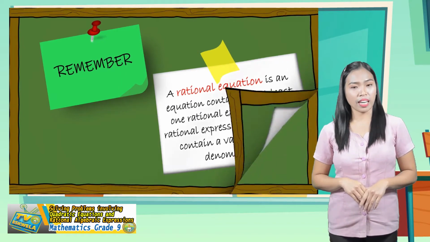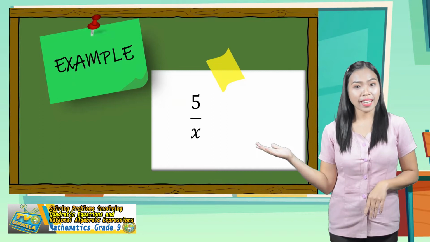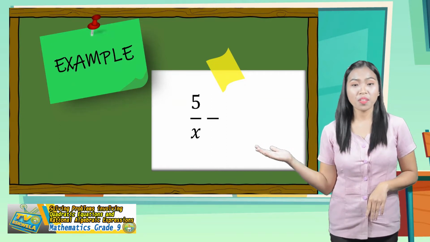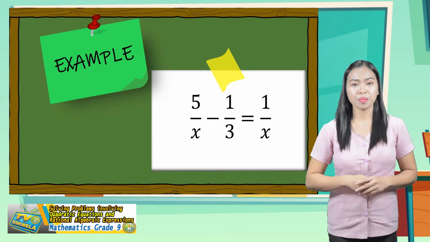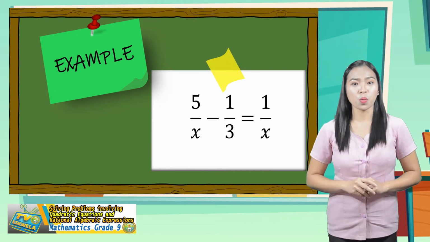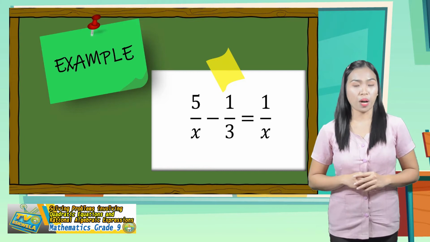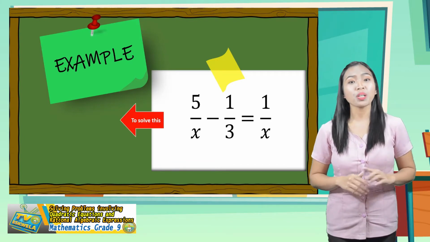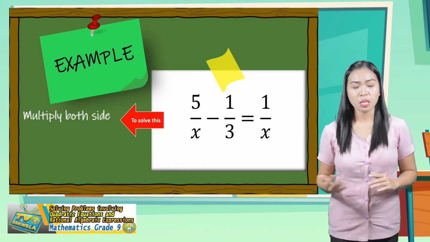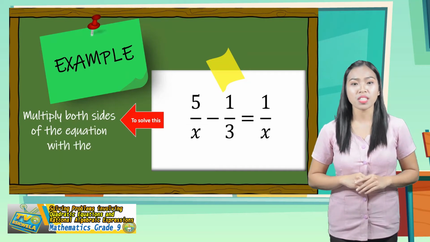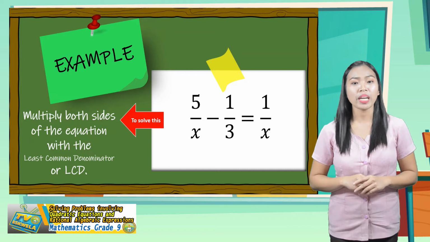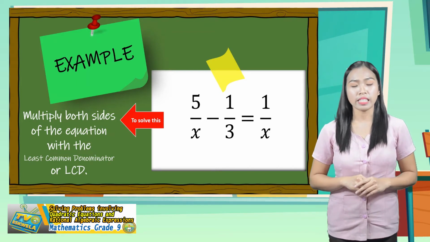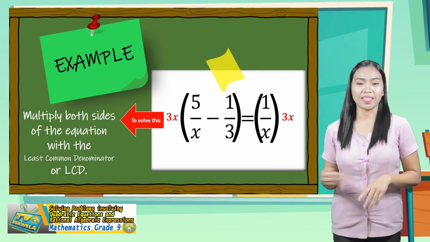An example is 5 over x minus 1/3 equals 1 over x. Be reminded also that we solve rational equations through clearing out the fractions by multiplying both sides of the equation with the least common denominator, or LCD, as shown.